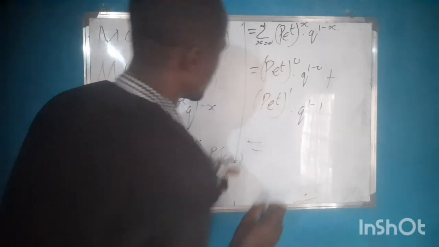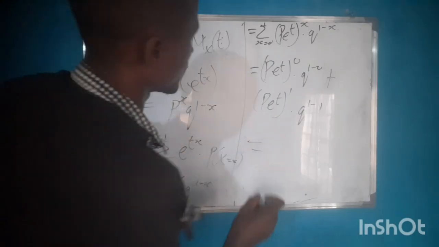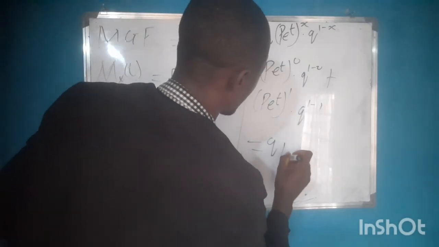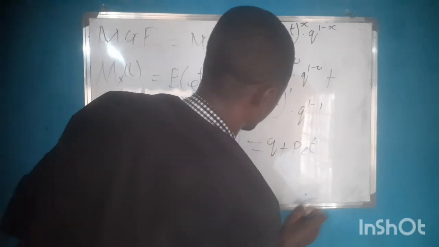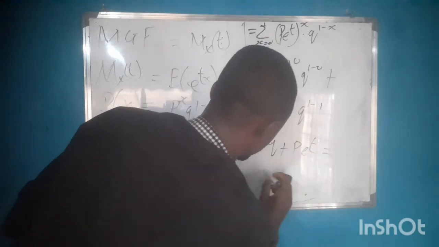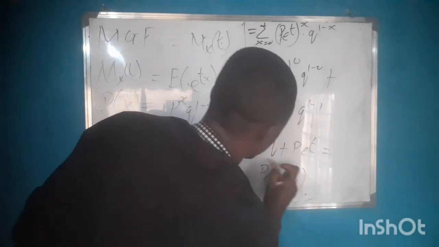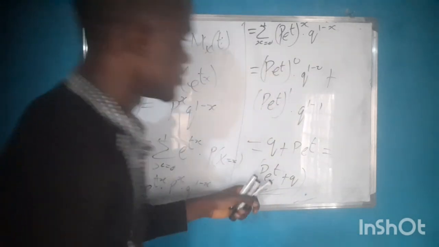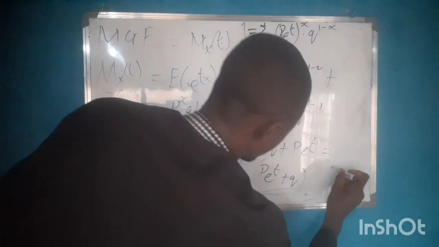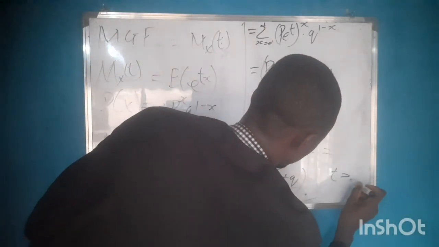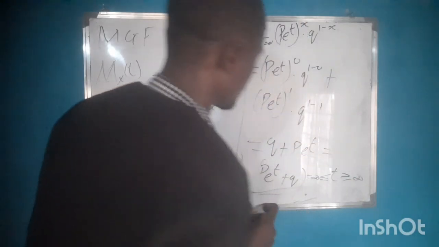This will give us 1 here and 0 here, so we have q plus p exponential t, which is also equal to p exponential t plus q. This is the moment generating function of the Bernoulli distribution, and this t ranges over negative infinity to infinity.